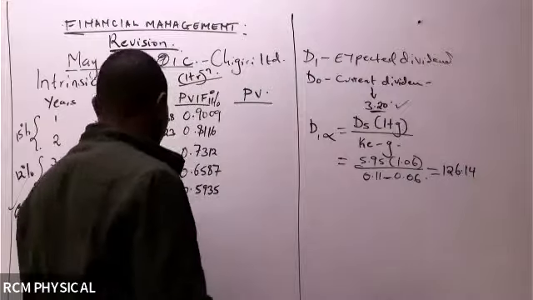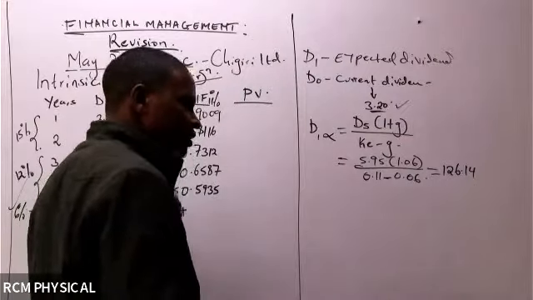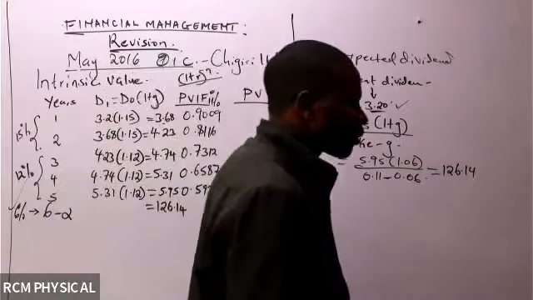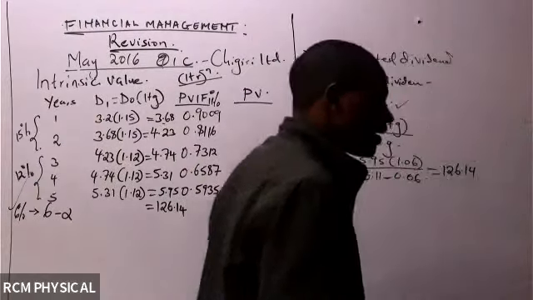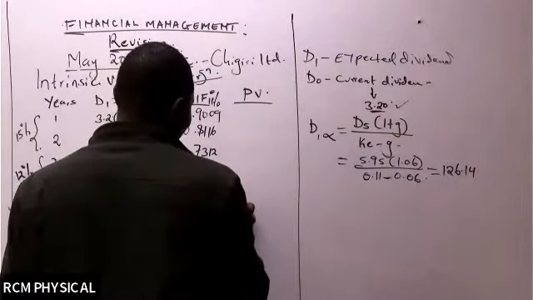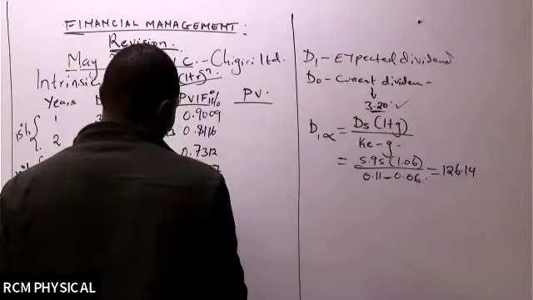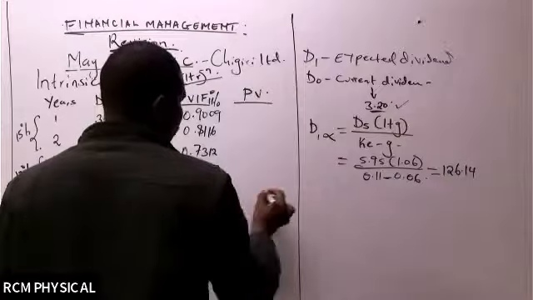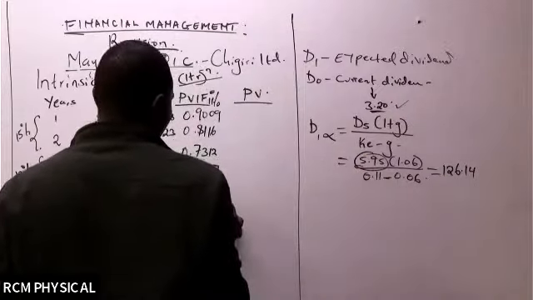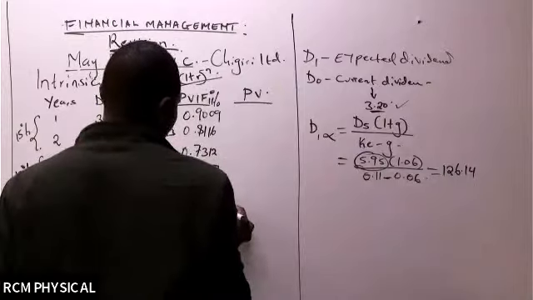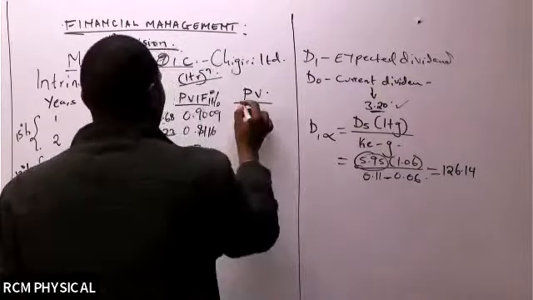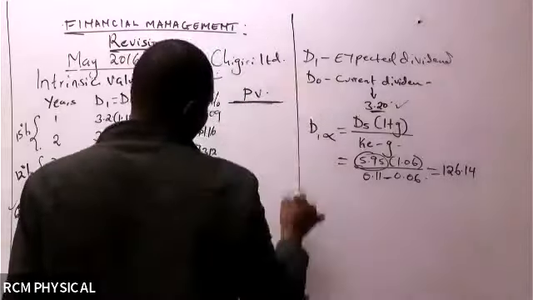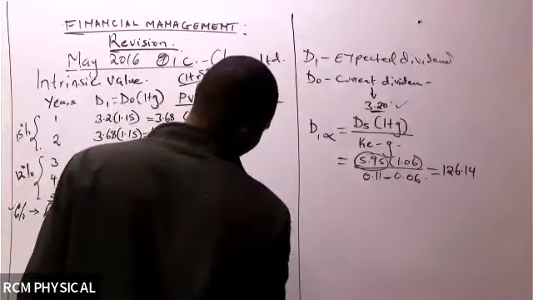Ya mwisho, pia infinite. How do I get the sixth one? Asante. You draw the one for the previous year. You drop down. Let's get the present value, then you get the summation to get the intrinsic value.